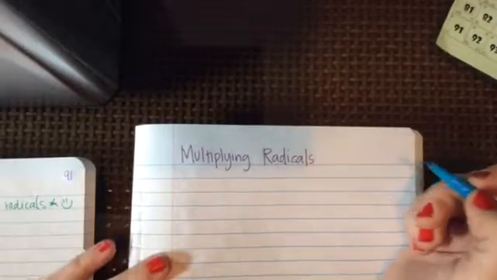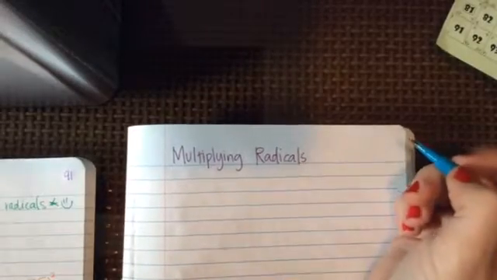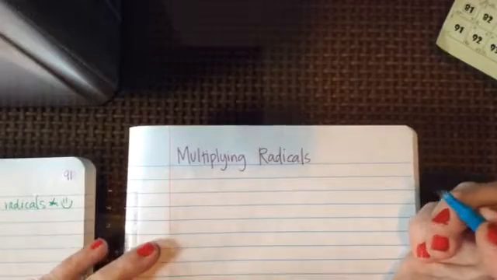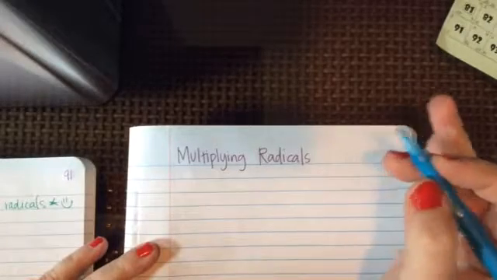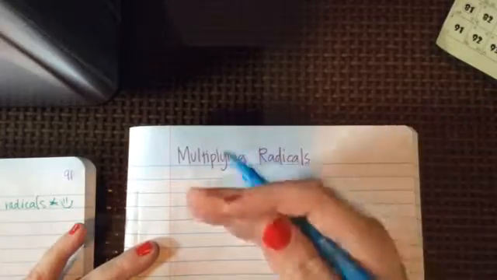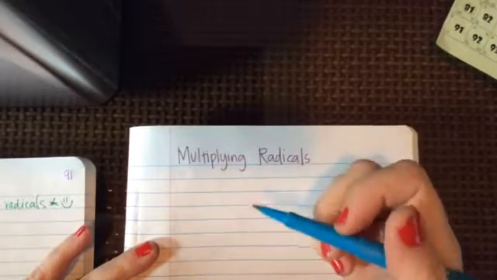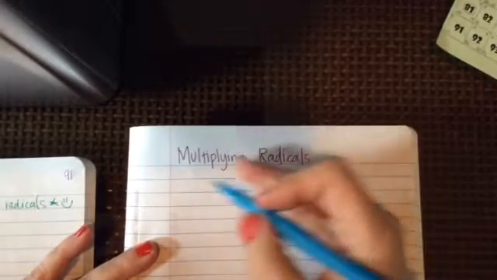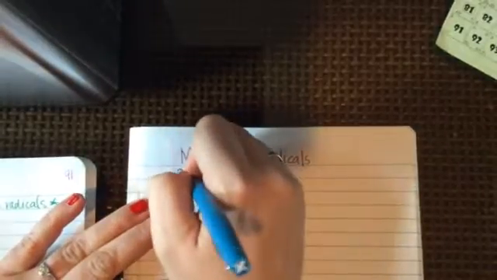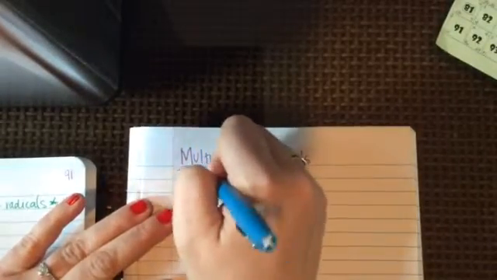So multiplying radicals, most kids think it's probably the easiest, just because there are some tricks that we don't have to worry about. With adding and subtracting, we had to worry, are they like terms? Multiplying radicals, they don't have to be like terms. You can just multiply, just like you could multiply 3x times 10x squared.